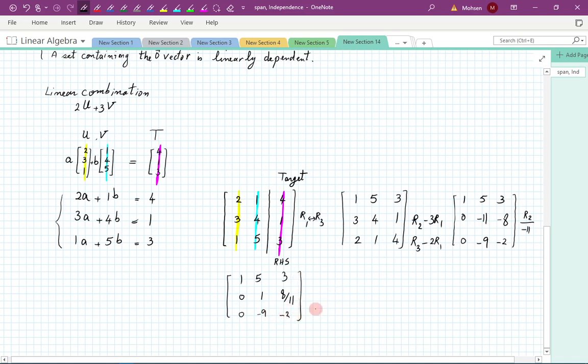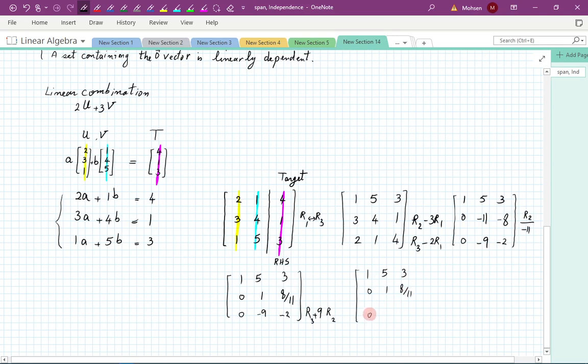Then I come here and say, okay, let's use 1 as our pivot and this as our target, and we want to do 9 times row 2 added to row 3. That's going to eliminate this number. And what do I get? I get 1, 5, 3, 0, 1, 8 over 11.